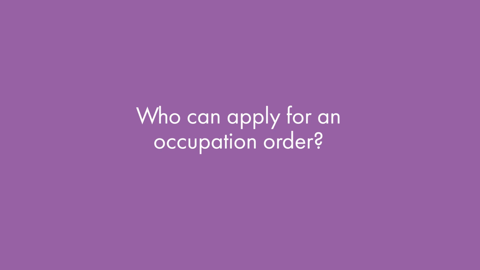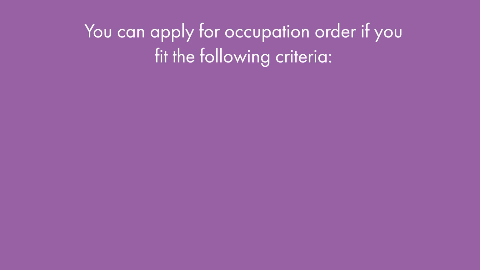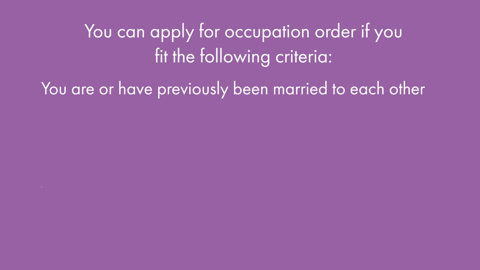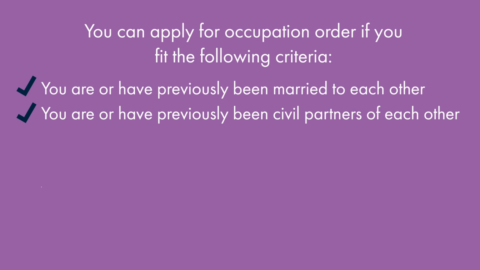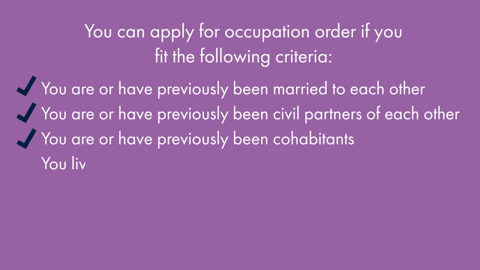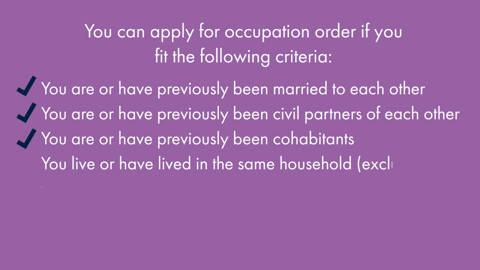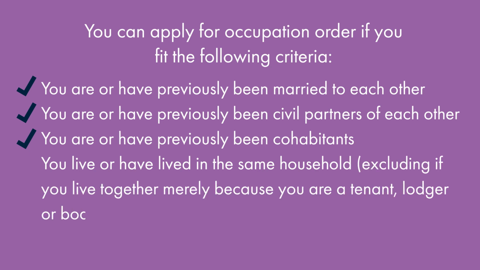You could apply for an occupation order if you fit the following criteria. You are or have previously been married to each other. You are or have previously been civil partners of each other. You are or have previously been cohabitants. You live or have lived in the same household, excluding if you live together merely because you are a tenant, lodger or boarder.